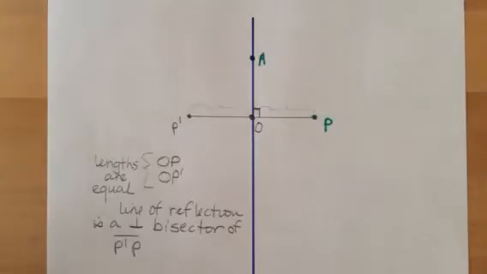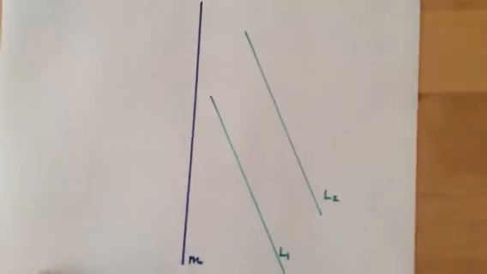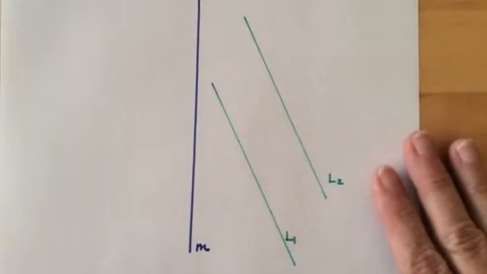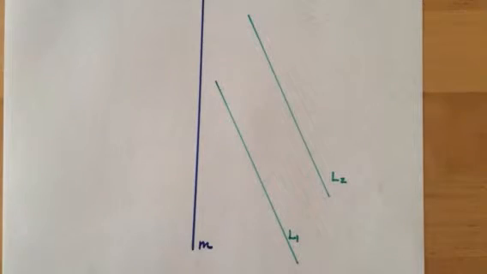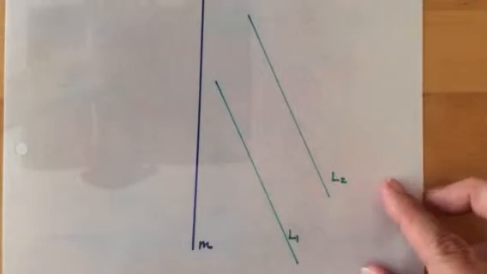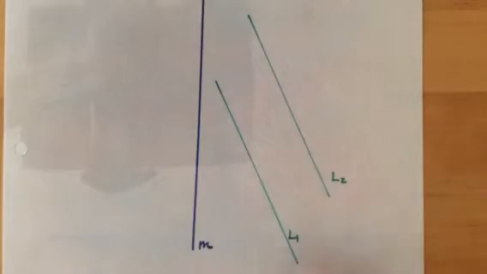Okay, here's another example for us to look at. Under translations, we looked at parallel lines and what happened to parallel lines when they are translated, and we found out that translations map parallel lines to another set of parallel lines. So we're going to look at that right here too. So I've got a line of reflection drawn right here in the middle.